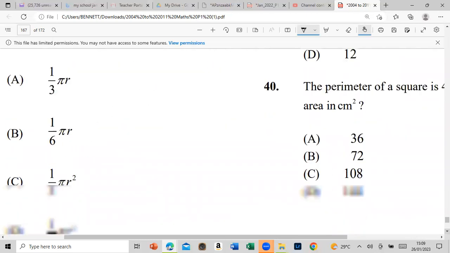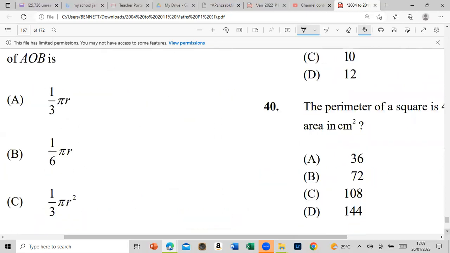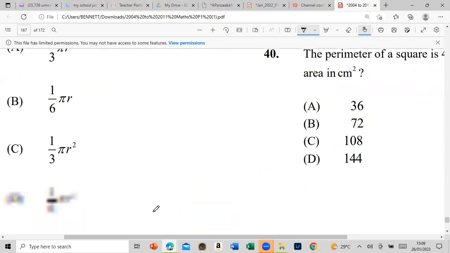So we work out the 60 over 360, and that's 1/6 pi r squared.